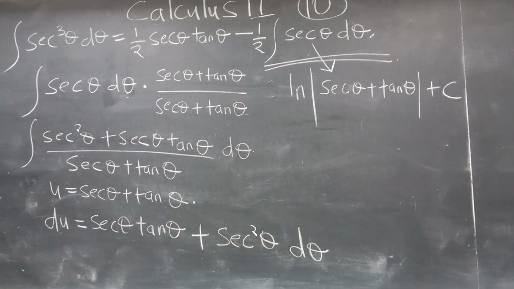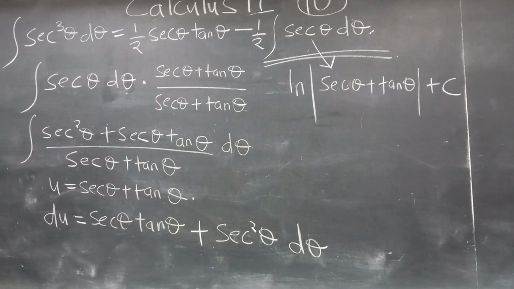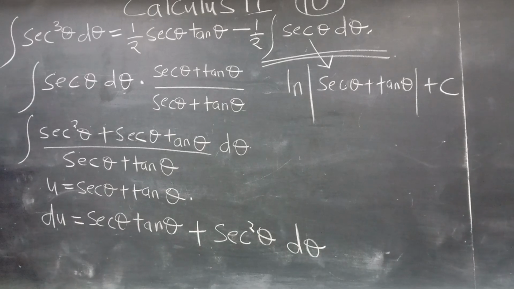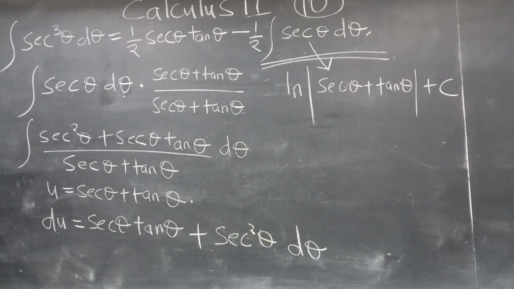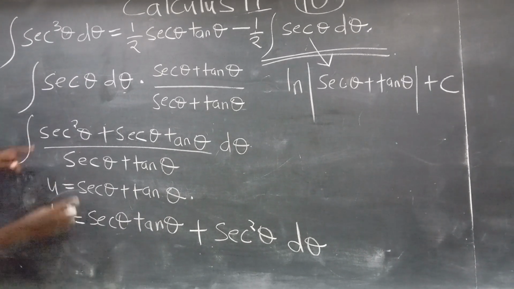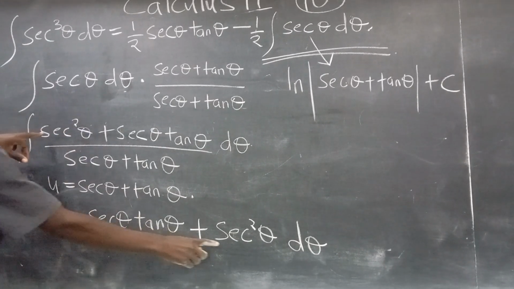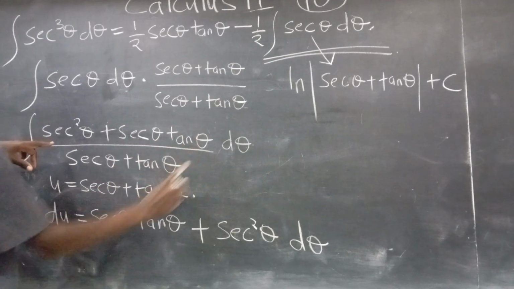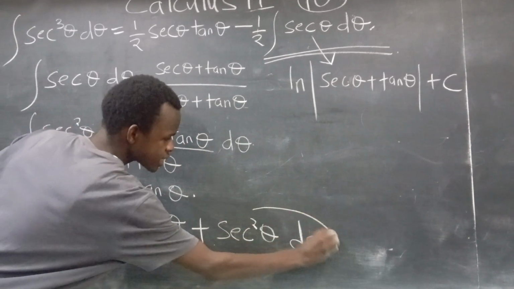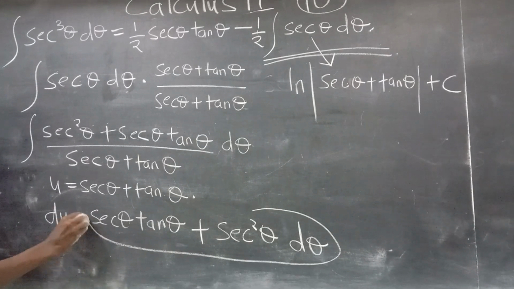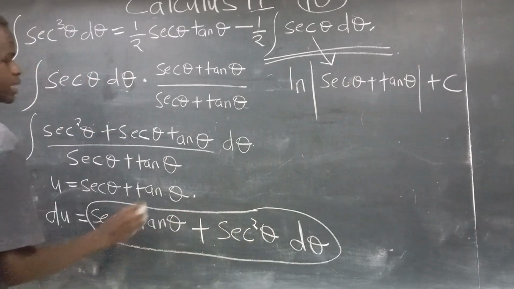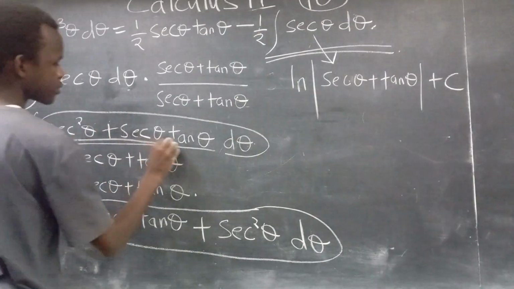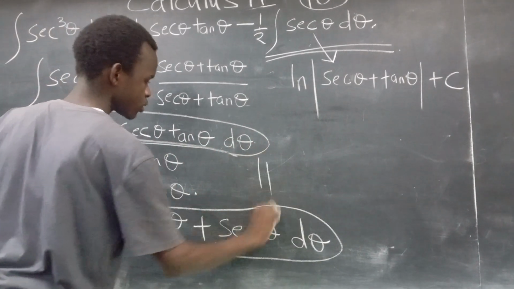Okay? So from there, I'm trying to explain how we reached here. As you can see, this is secant squared theta d theta plus secant theta tangent theta. So all these is the same as the upper part. As you can see, it's just the same. So this equals that.